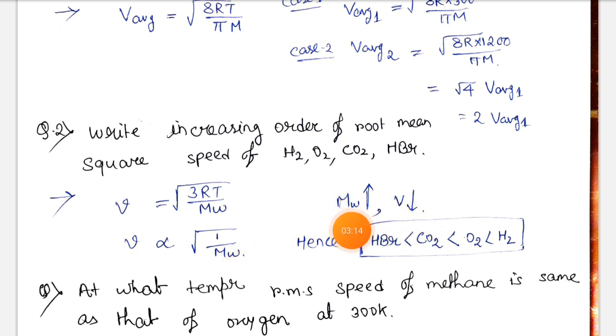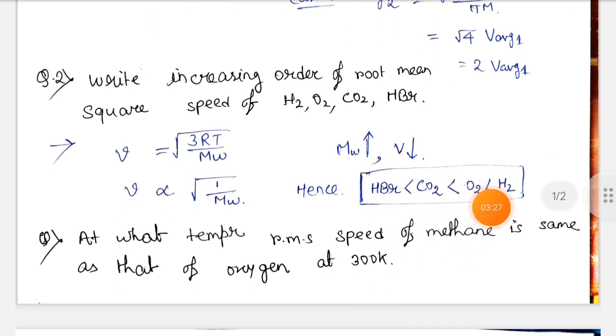If the molecular weight increases, then V RMS decreases. For HBr the molecular weight is very high, then CO2, then O2, then H2. So HBr has the lowest V RMS. The order is HBr less than CO2, less than O2, less than H2. As the question asked for increasing order, the order is that.